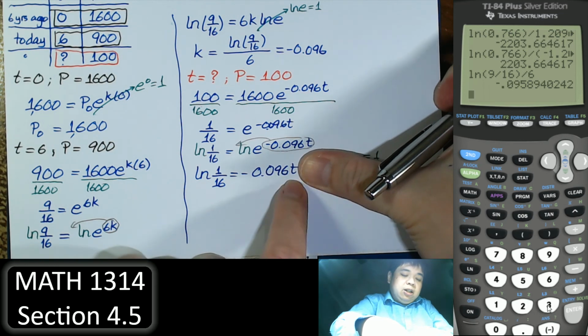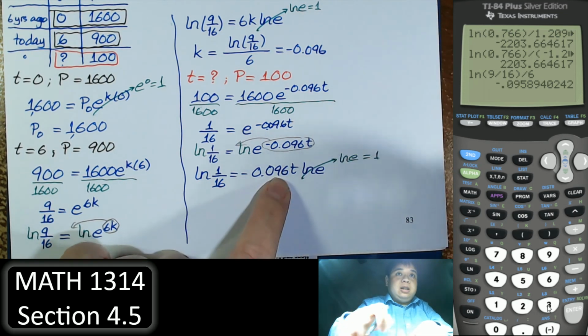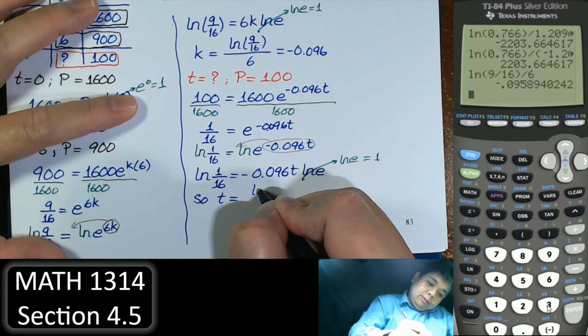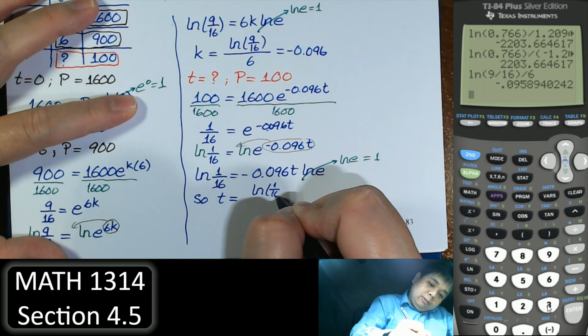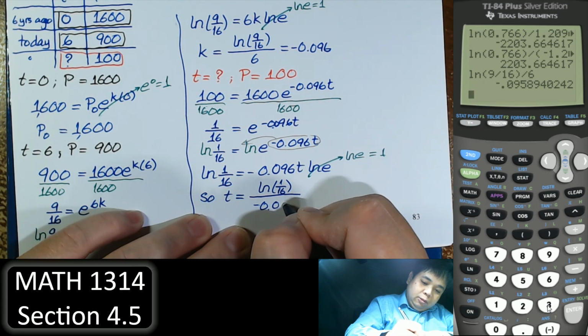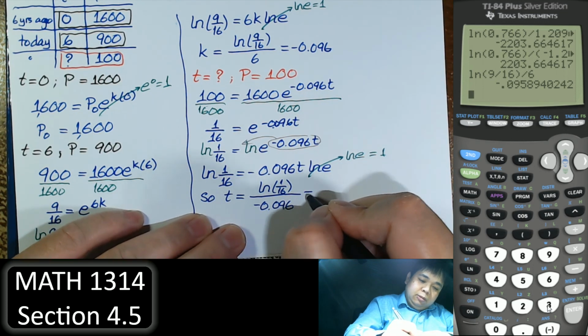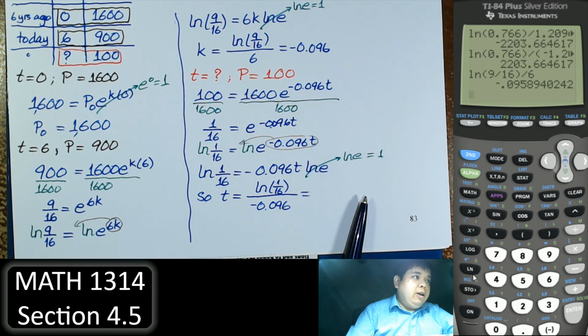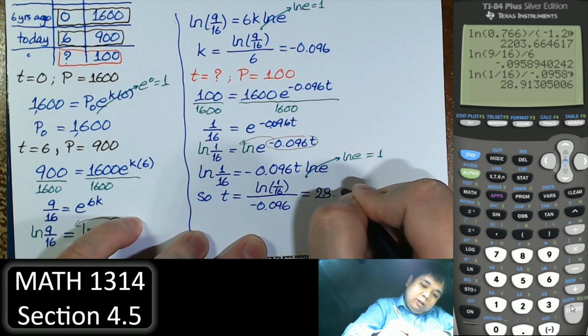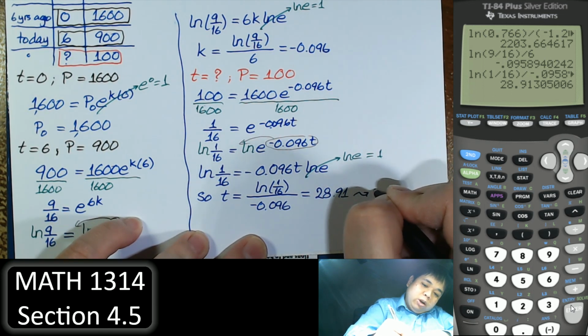So time t equal to ln of that divided by this number. So I will take ln of 1 divided by 16 divided by that number. We have 28.91. So let's round that to 29 years.